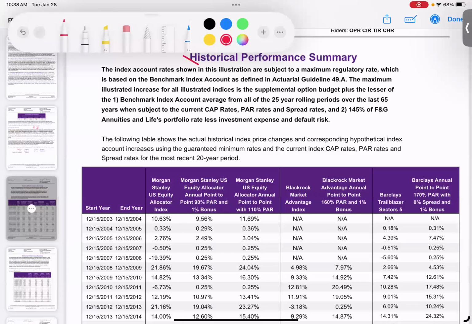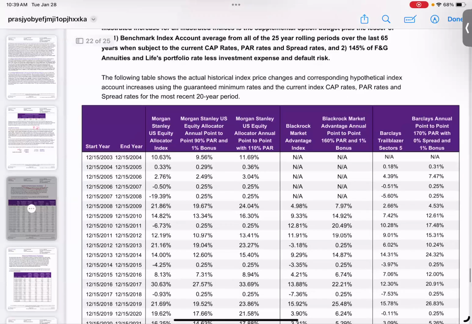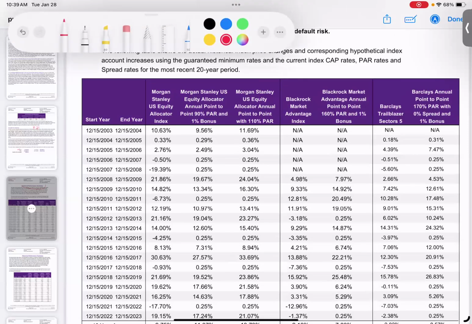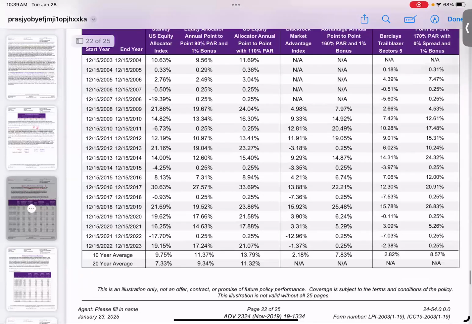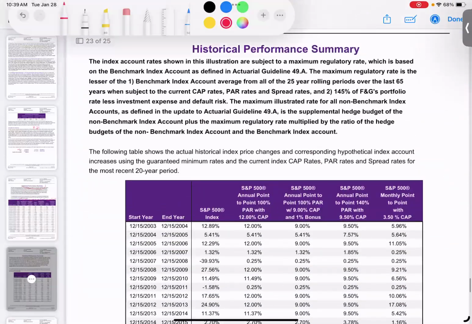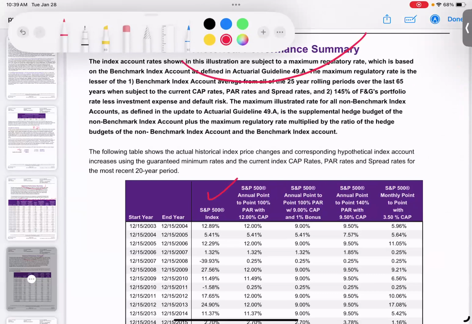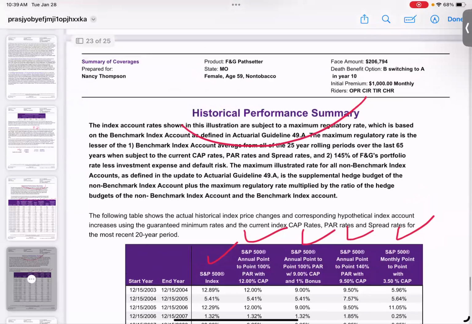An insurance company is on the hook to give you a historical performance of every single index that they would invest your money in. So here is the whole entire index or crediting options for F&G, guys. They have to give them to you by law. So it's about 9 of them, right?